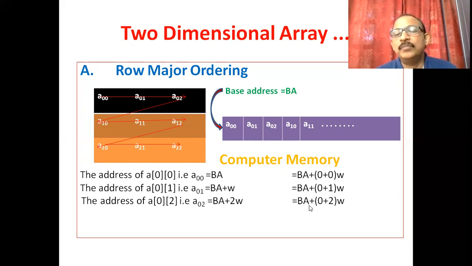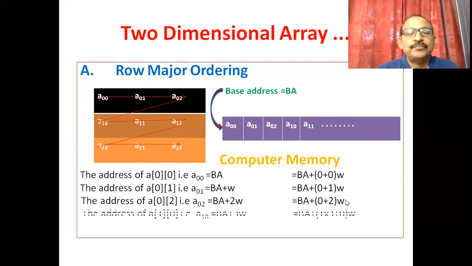Now the address of the next element A10 is BA plus 3W.